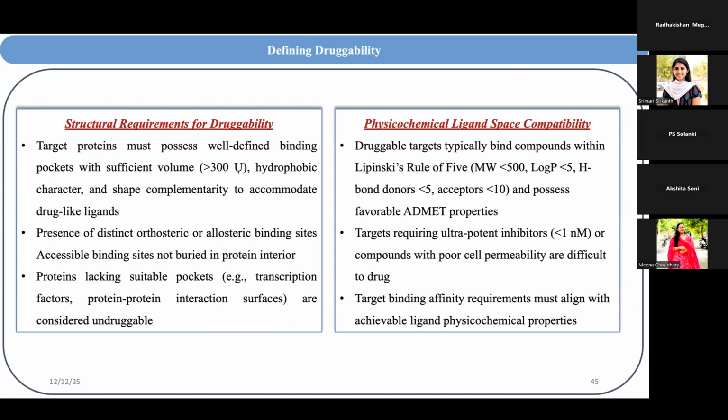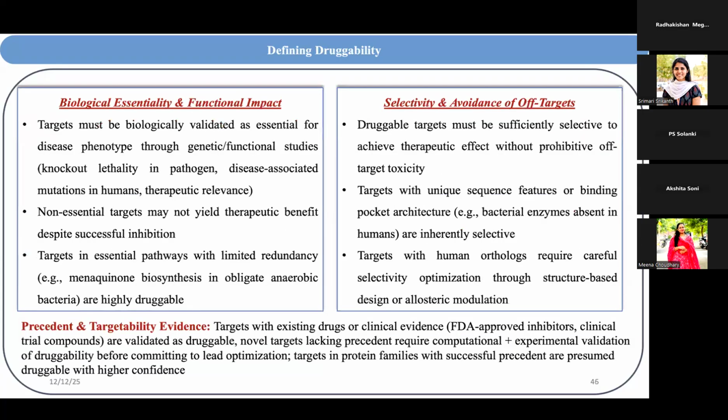The next one is the ligand compatibility. The target should bind with our compound. For that, there are some rules for the compounds, like Lipinski's rule of five. The binding affinity we need must match with the real molecules. The next one is the biological essentiality and functional impact.